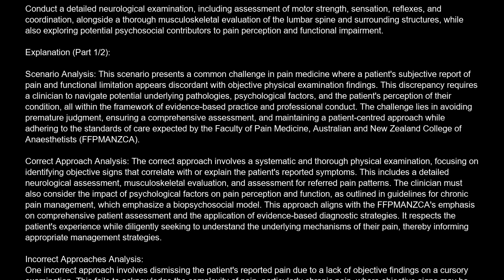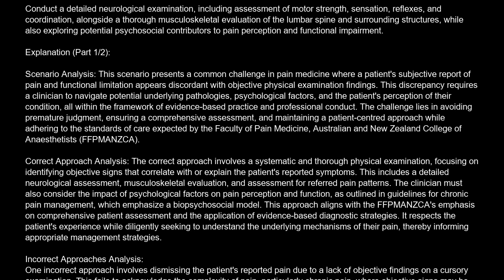Correct approach analysis. The correct approach involves a systematic and thorough physical examination, focusing on identifying objective signs that correlate with or explain the patient's reported symptoms. This includes a detailed neurological assessment, musculoskeletal evaluation, and assessment for referred pain patterns.